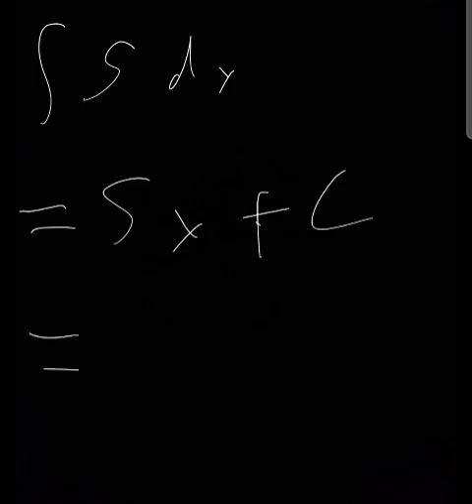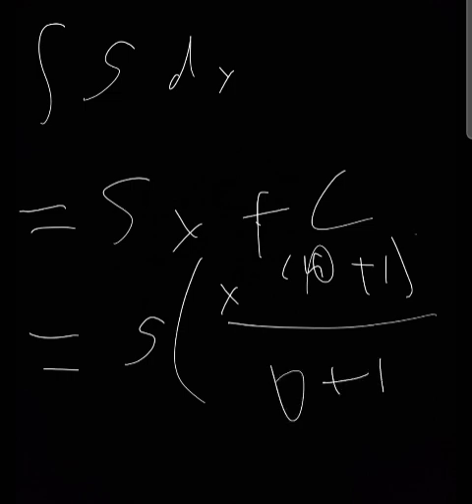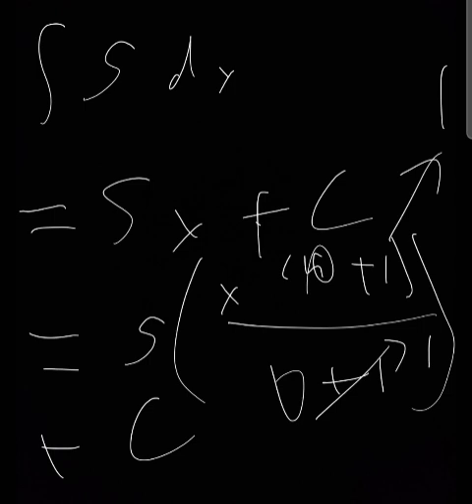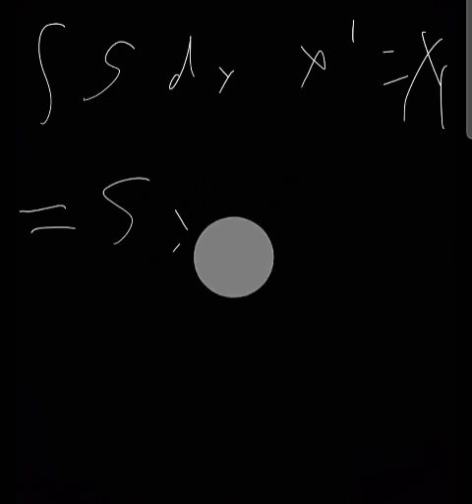The reason is that it's going to be 5 times x to the 0 plus 1 over 0 plus 1 plus c. And then x to the 0 plus 1 is just x to the 1, and 0 plus 1 is just 1. And x to the 1 is just x, so it's 5x plus c. Hope that works.